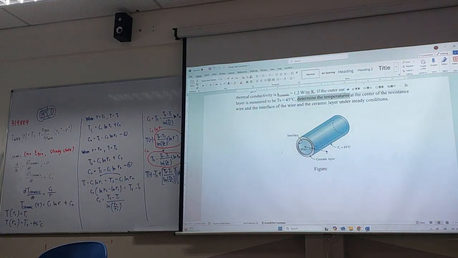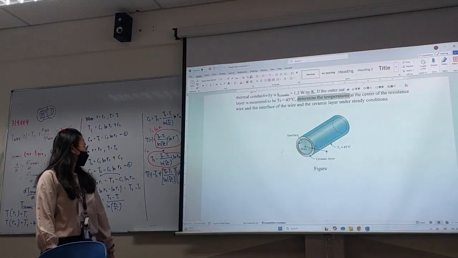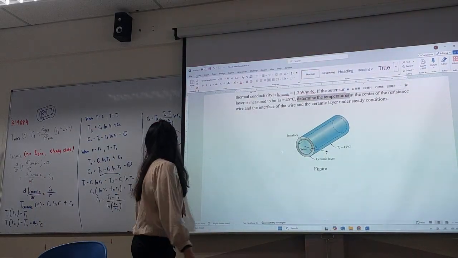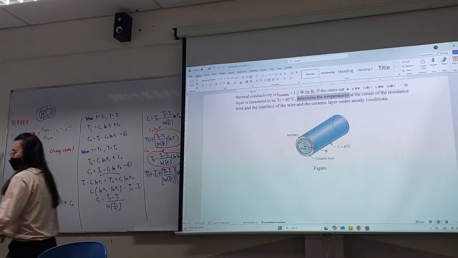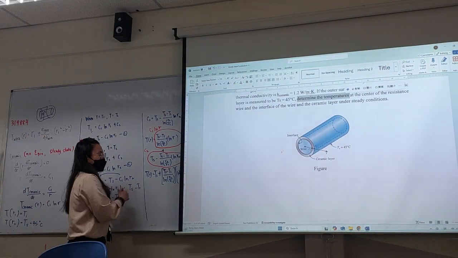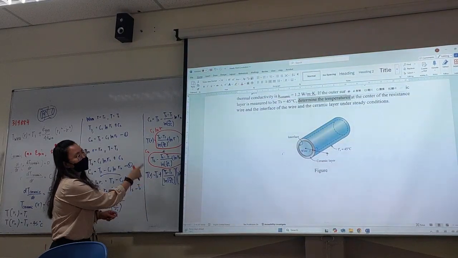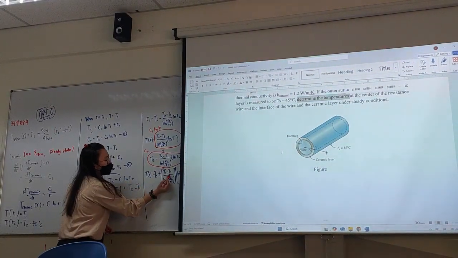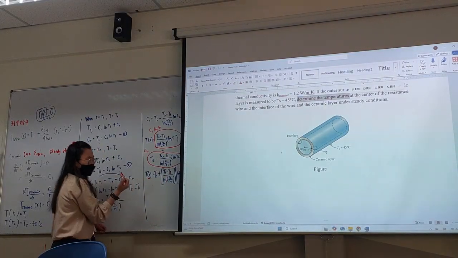Now you only get the general equation. Supposedly you can use these equations to get the temperature, but T1 is unknown and T(R) is also unknown.